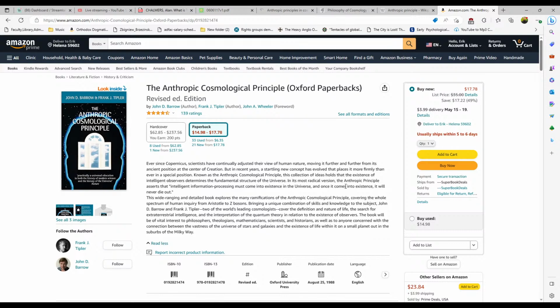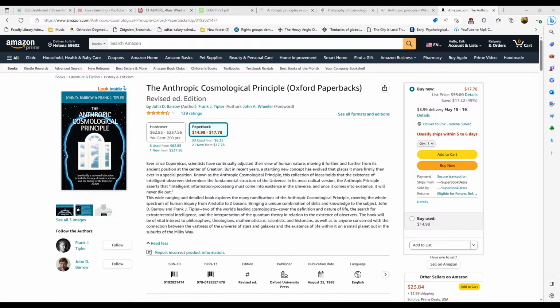John D. Barrow and Frank J. Tipler, two of the world's leading cosmologists, cover the definition and nature of life, the search for extraterrestrial intelligence, and the interpretation of quantum theory in relation to the existence of observers. The book will be of vital interest to philosophers, theologians, mathematicians, scientists, and historians, as well as to anyone concerned with the connection between the vastness of the universe of stars and the galaxies and the existence of life within it on a small planet out in the suburbs of the Milky Way.